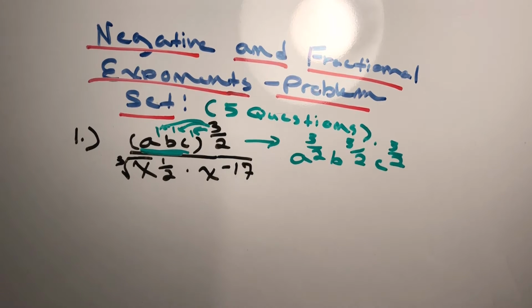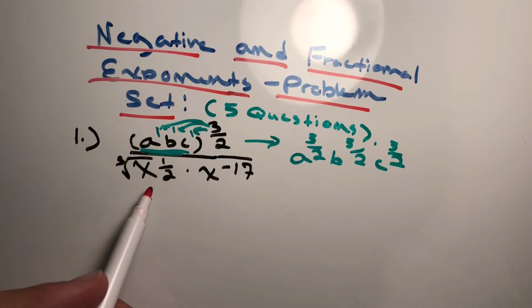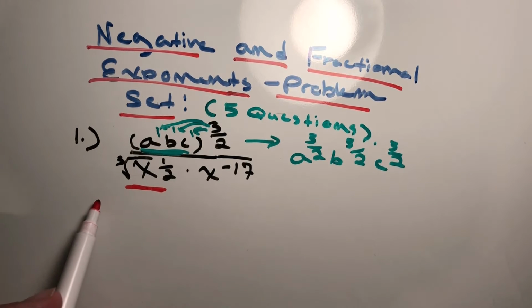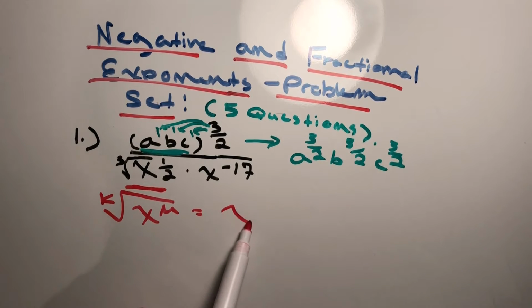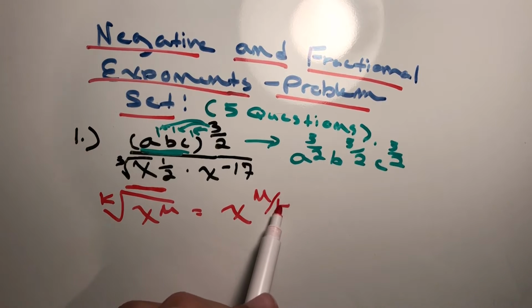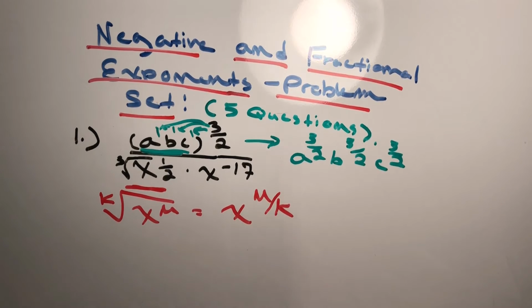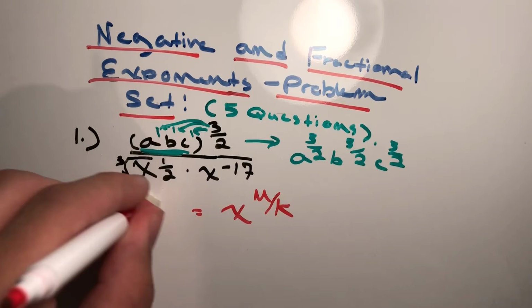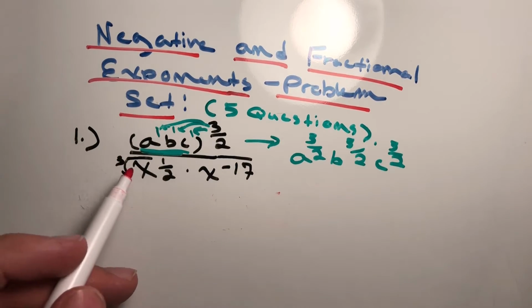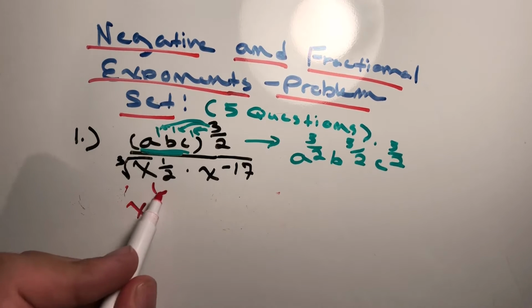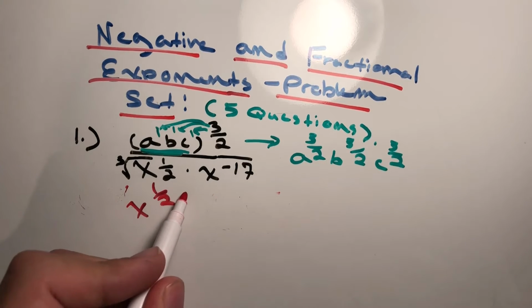So now let's take a look at the bottom. The first thing we can do is, in the last video, I introduced a law to deal with roots. For example, the kth root of x to the m is just x to the m over k. I introduced this law, but it's good to review, right? And so we can use this property to simplify this. The kth root of x to the m is x to the m over k, so it's x to the 1/2 divided by 3, right?